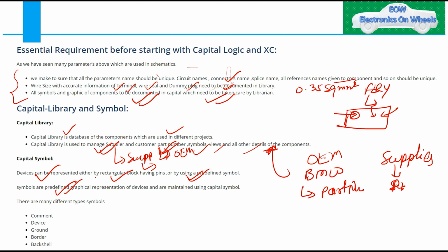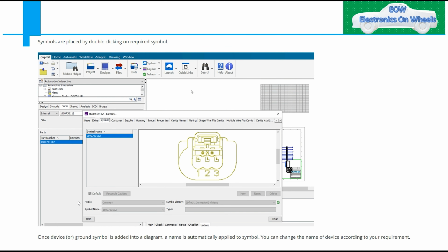Symbols are predefined graphical representations of the devices, maintained using the Capital symbol. There are many different types of symbols like command, devices, ground, border, and backshell. So for command also there is a symbol. I will show you some when we discuss Capital logic.